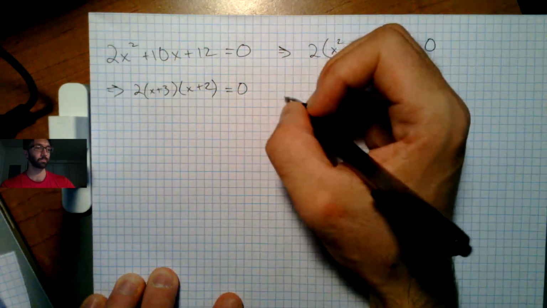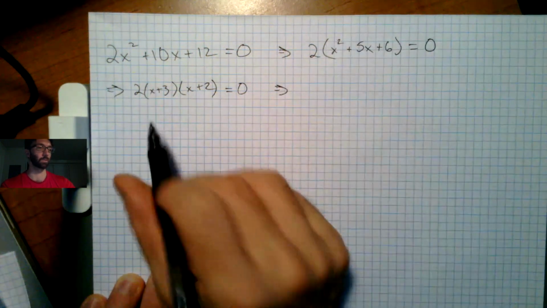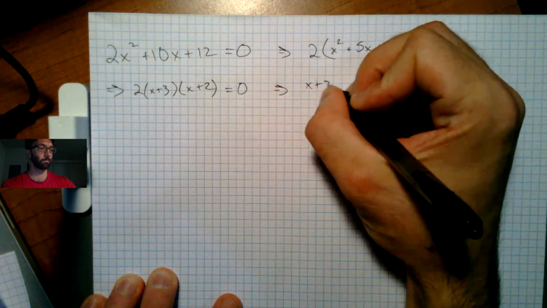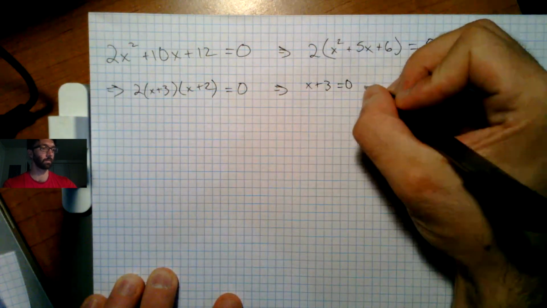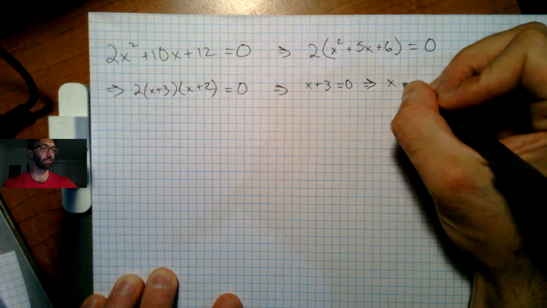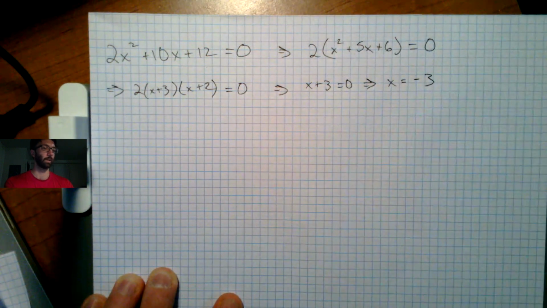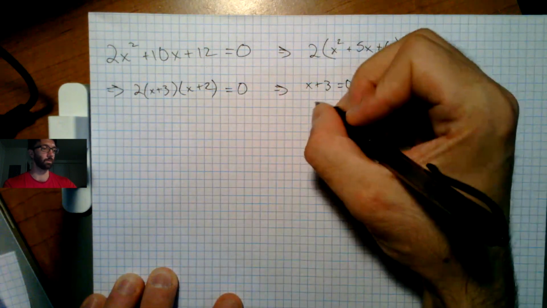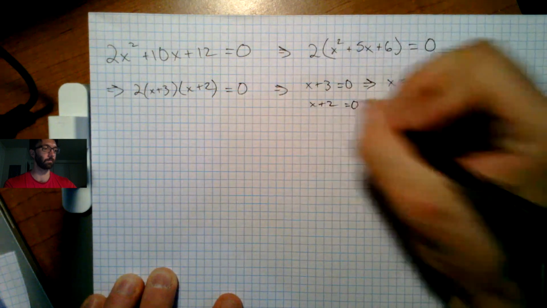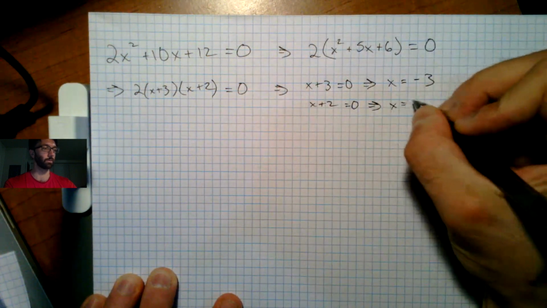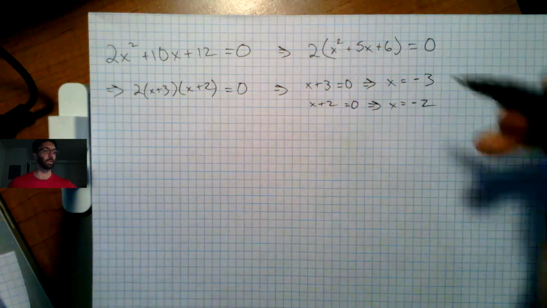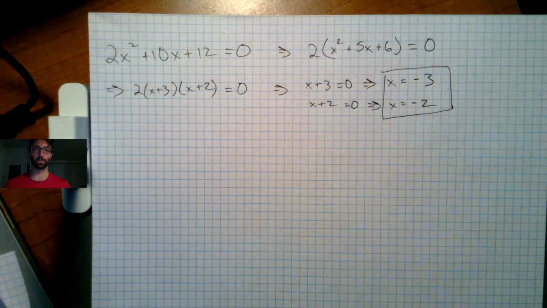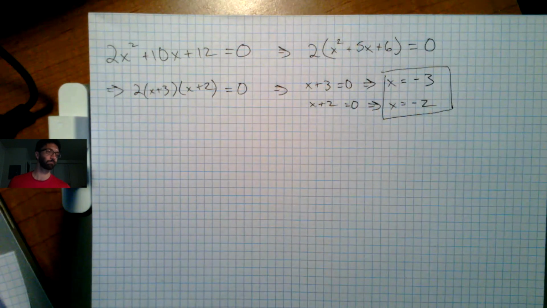And so, of course, x plus 3 equals 0 if x is negative 3, and x plus 2 is 0 when x is negative 2. And so these here are your 2 solutions to the quadratic equation.